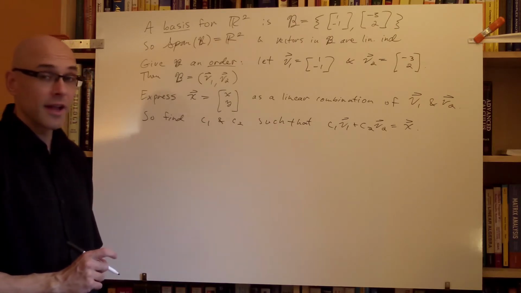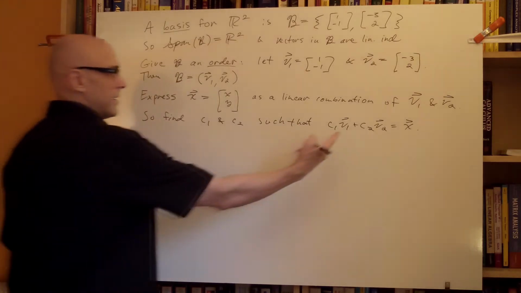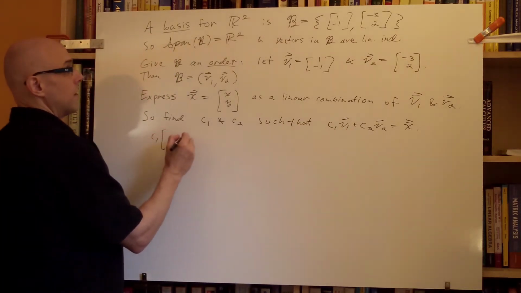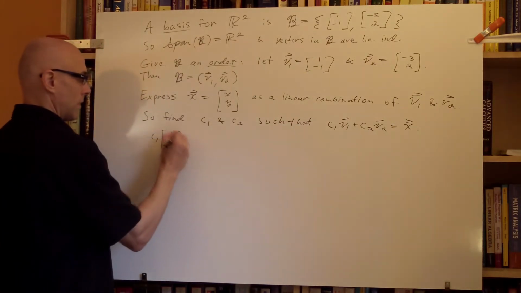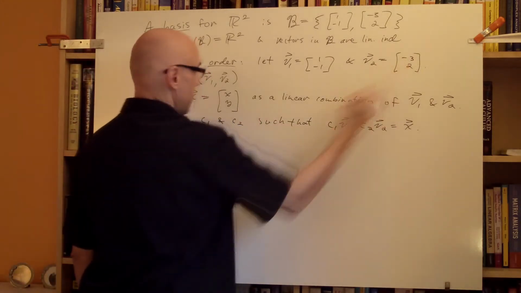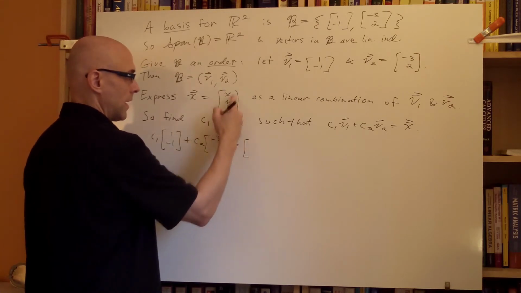As with a lot of things in this class, it all comes down to being a system. That's C1 times (1, -1) plus C2 times (-3, 2) is equal to x, y.